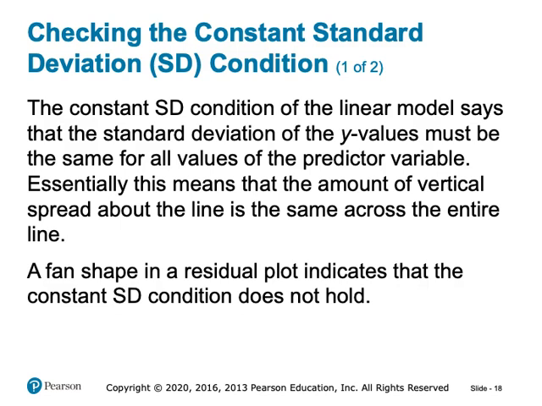A fan shape indicates that the variability of the residuals changes across the range of the predictor variable, which violates the assumption of homoscedasticity. When you observe a fan shape in the residual plot, it may suggest the need to transform the data or consider a different modeling approach to address the non-constant variance and improve the model's reliability.